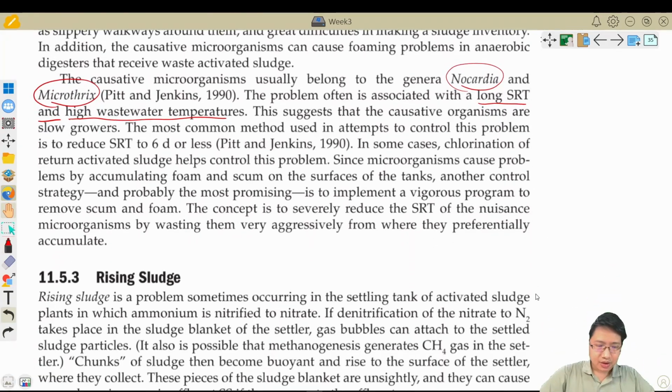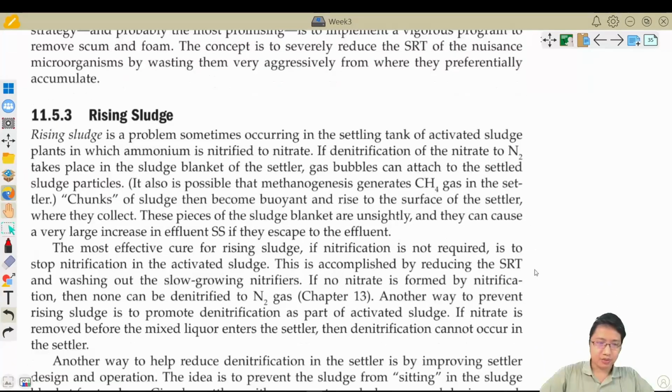Okay, and about the rising sludge, we mentioned in section 0.5.3 that it comes from gas released from the sludge metabolism. If we have more nitrification, which we will introduce later in the biological nitrogen removal systems, denitrification is a process that will convert nitrate to nitrogen gases.